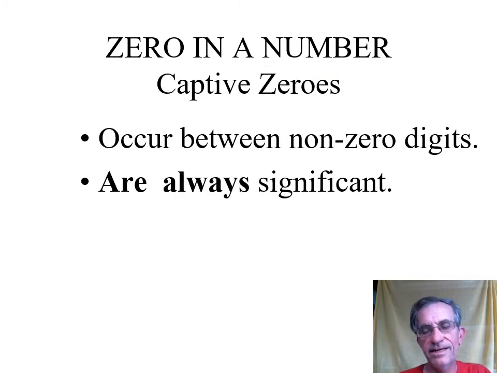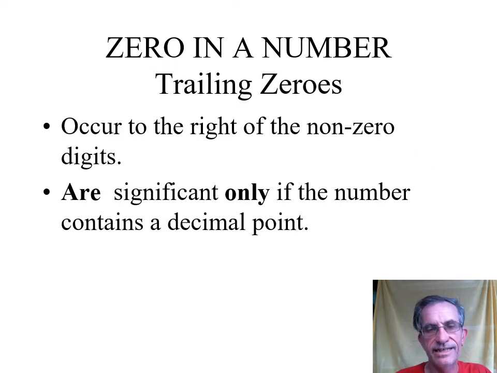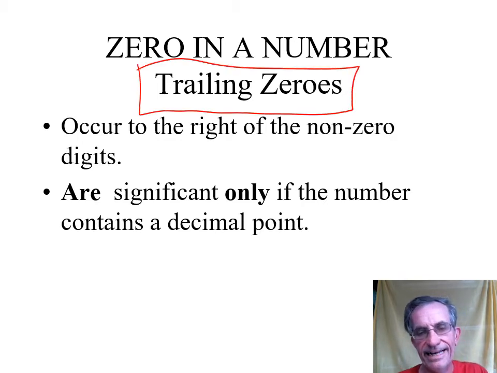Zeros in the middle of a number, those are called captive zeros. They always, always, always count. And then finally, zeros that are at the right-hand side of a number, those are called trailing zeros. They may or may not count. They only count if there's a decimal in the number. If there's a decimal in the number, you count them.